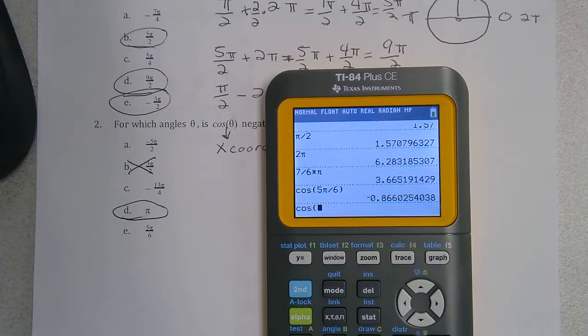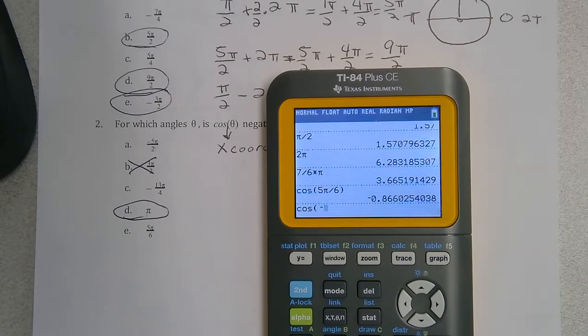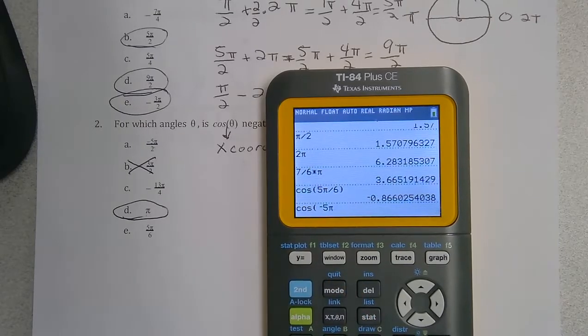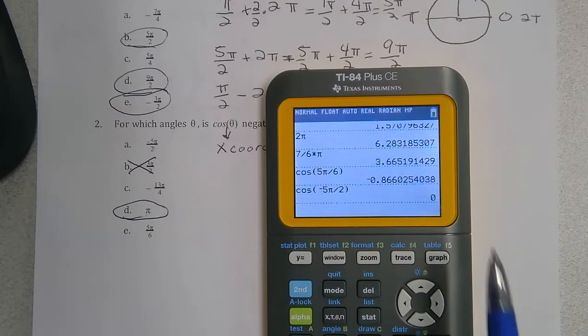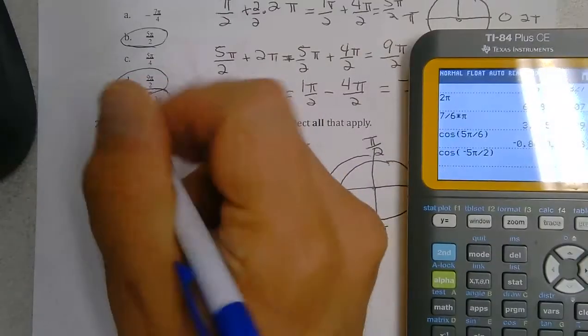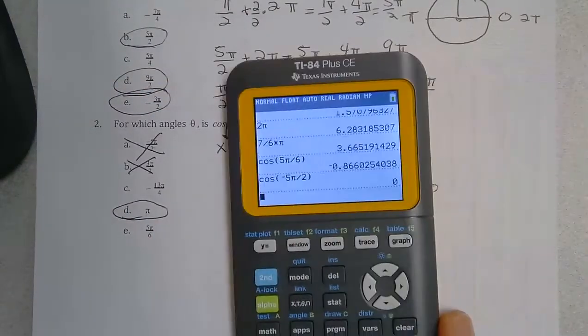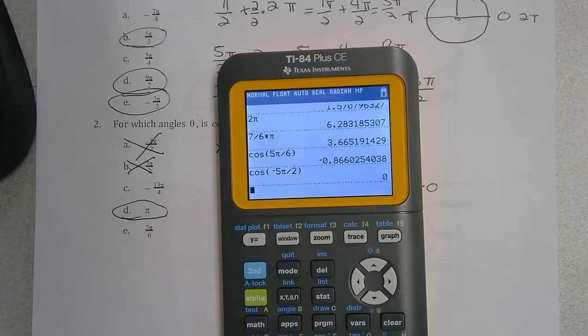So I could put, what's the cosine of negative 5 pi over 2? So remember to put the negative button and not the minus sign. And that gave me 0. What about the cosine of negative 13 pi over 2?